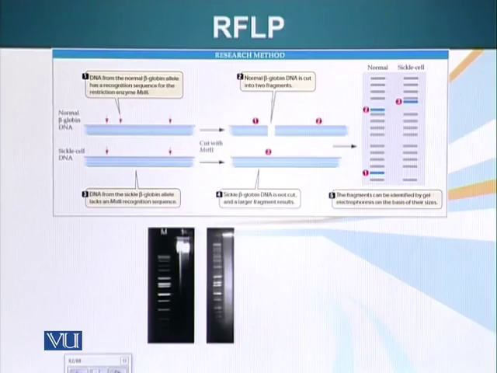This enzyme can cut the normal globin gene into 2 fragments. It will cut it 3 times, and 2 fragments are generated from this gene. Here is fragment number 1, fragment number 2.